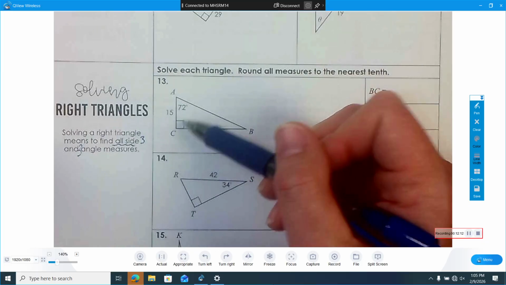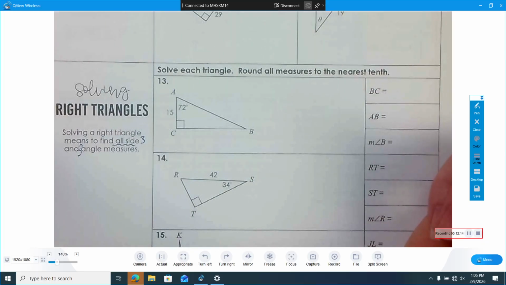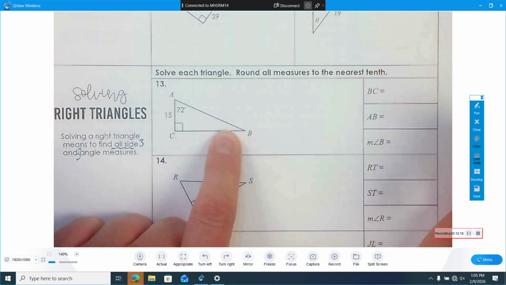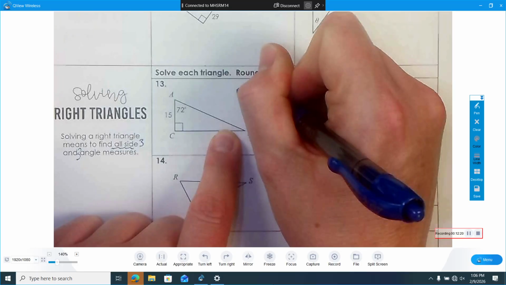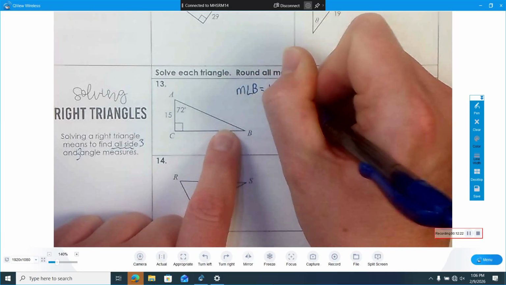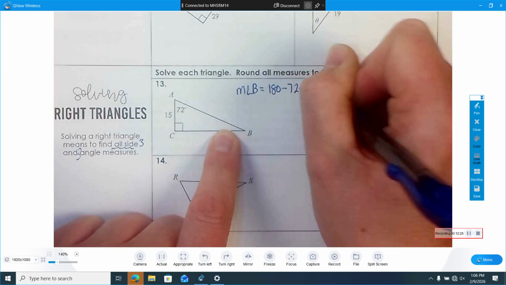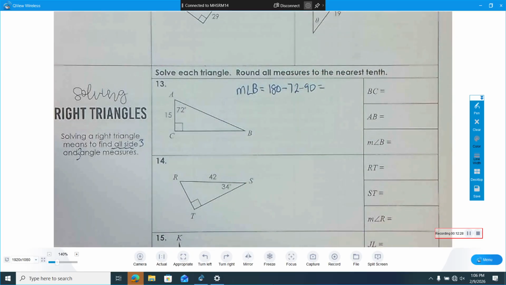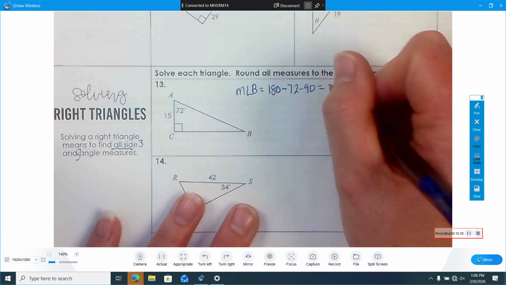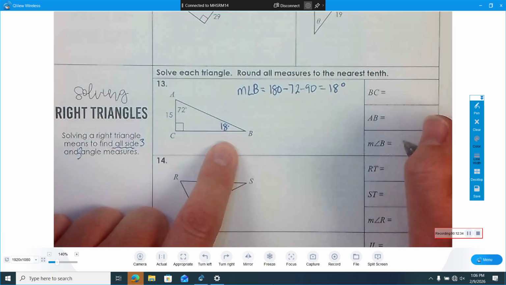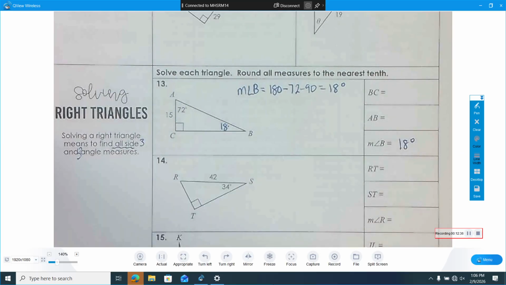Oh, I have a 90-degree angle. What else can I figure out? The last angle, how do we figure out angle B? From 180. So 180 degrees minus 72 minus 90. And we get 18. So that was easy. So we know that this angle right here is 18 degrees. Just subtracting from 180.